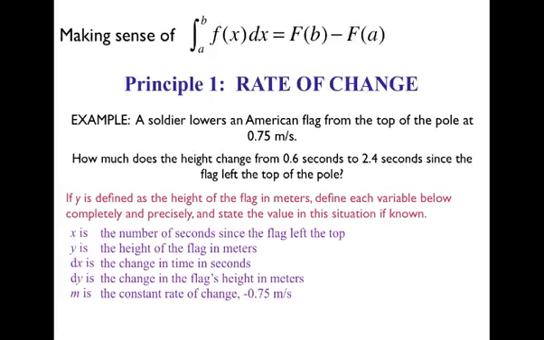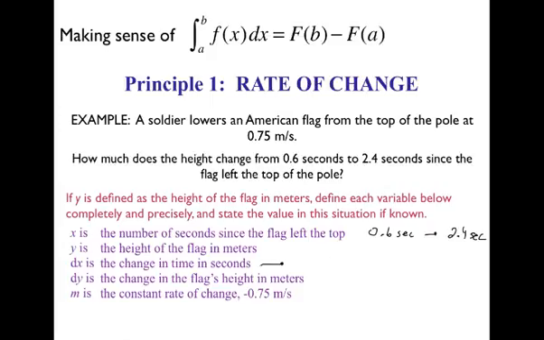So do we know what x is? Well, we have a starting and a finishing time, right? So it starts at 0.6 and ends at 2.4. So yeah, we know what x is. We know it varies from 0.6 to 2.4. Okay. And then do we know dx?